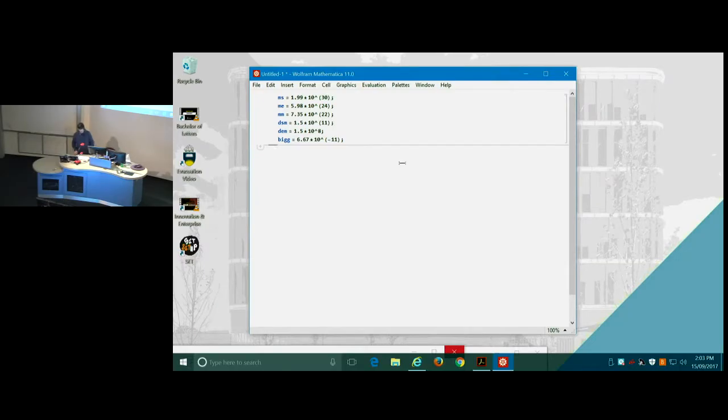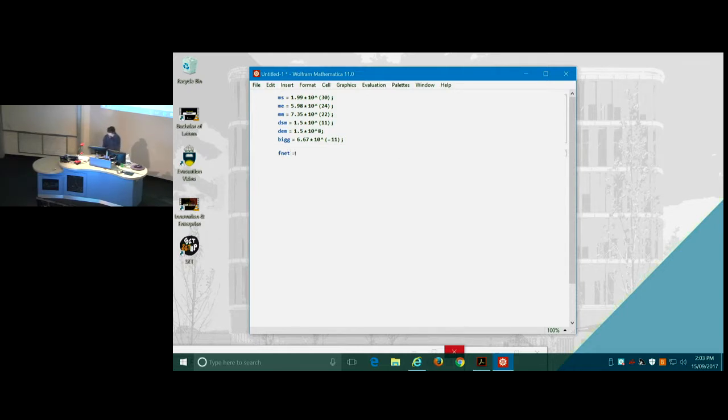So I reckon that putting those numbers into our calculators might be a little bit tedious. So what I've done here is I've just entered all the data that we need, taken out of the question and put into this Mathematica document. And I'm just going to get Mathematica to do the calculation for me.